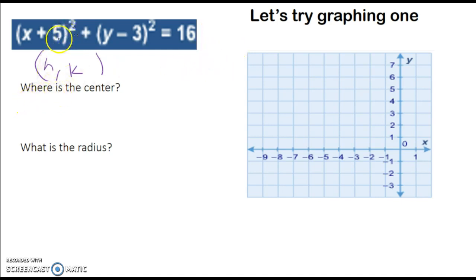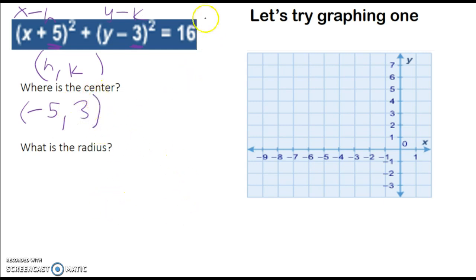So the center is that (h, k), and remember the signs are going to be opposite of what they look like in the equation. So when you see that plus 5, it really means we're subtracting a negative 5. That h value is negative because remember it's x minus h. So x minus a negative 5 makes it x plus 5. And then y minus k, that means k must be positive 3. So there's your center.